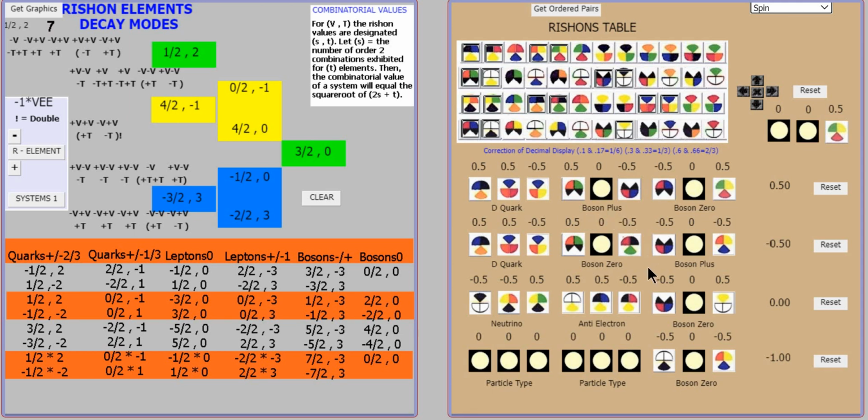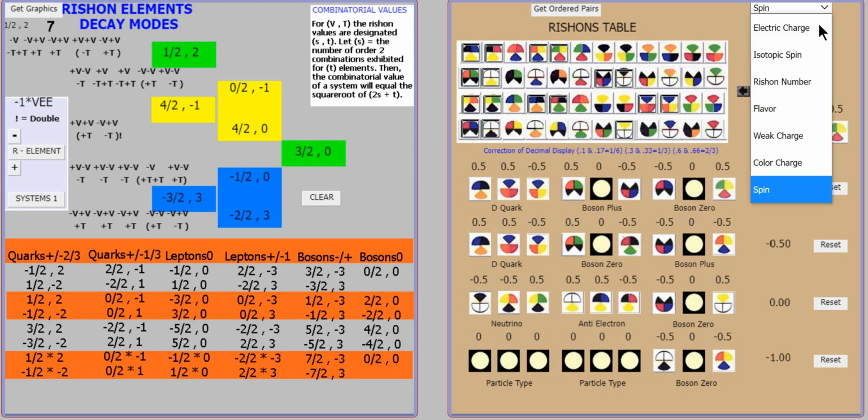But if we look at the W boson plus, we'll see that it contributes a spin of minus 1, with the Z boson 0 now having a spin of 0.